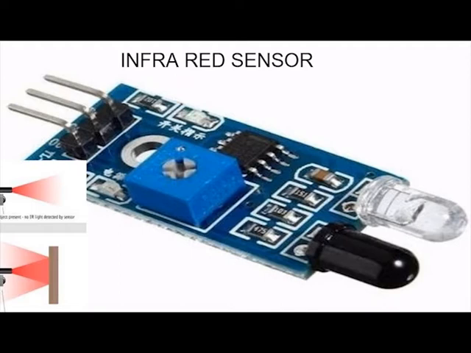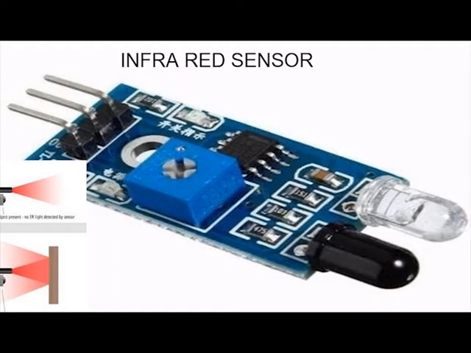Infrared sensors, as shown in the picture, contain one photodiode, which is black in color, and the transparent LED, which emits infrared light waves. Hence, here the LED works as a transmitter, TX, and the photodiode acts as a receiver, RX, of infrared lights.